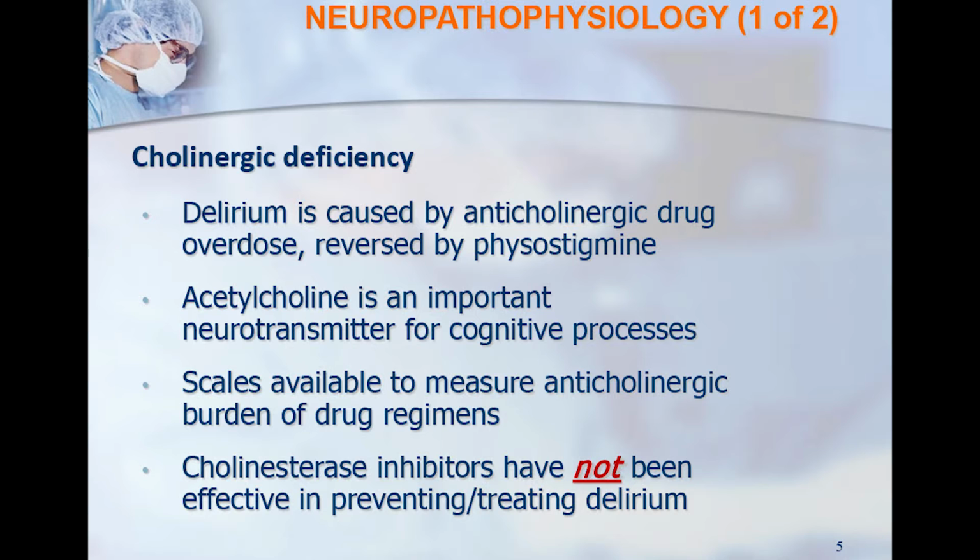They cause confusion and delirium. You can give physostigmine because it increases cholinergic activity and reverses it. Through the one theory, acetylcholine, decreased cholinergic activity goes through USARE.